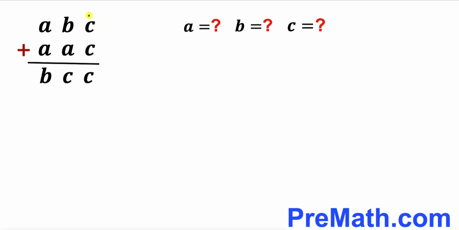Now we start with the digits at the ones place. If we add these two digits, we are supposed to get the very same digit. The only possibility is that C has got to be equal to 0, since 0 plus 0 is indeed 0. So our C value turns out to be 0.